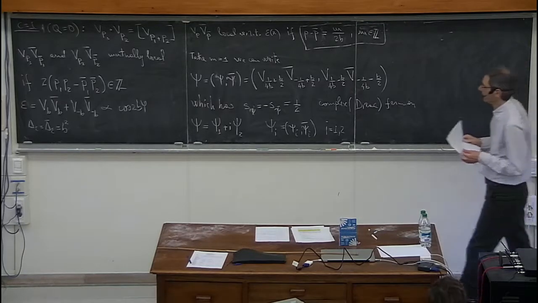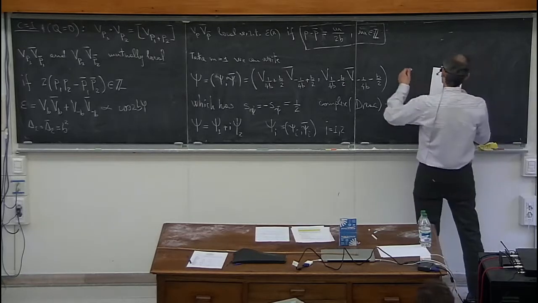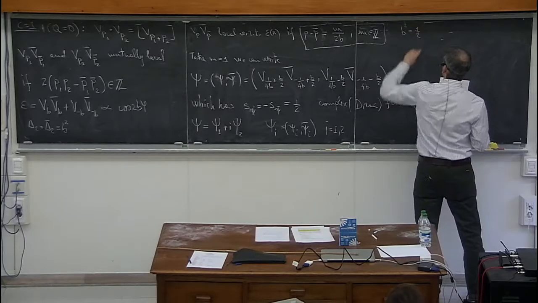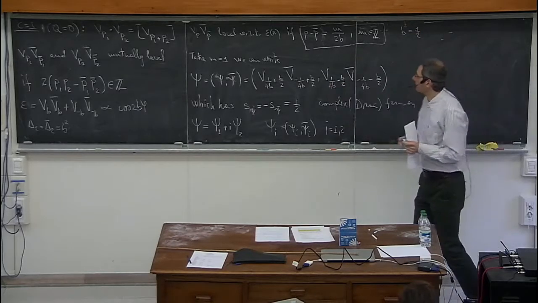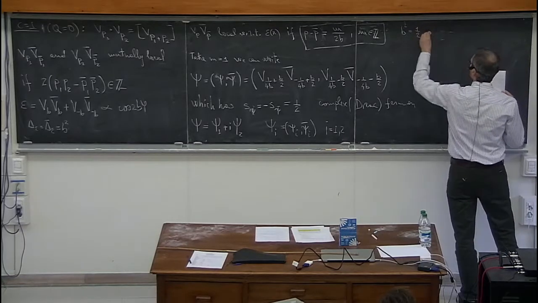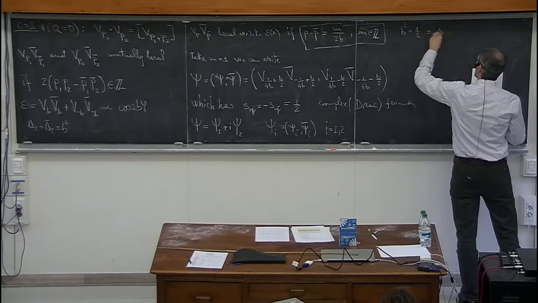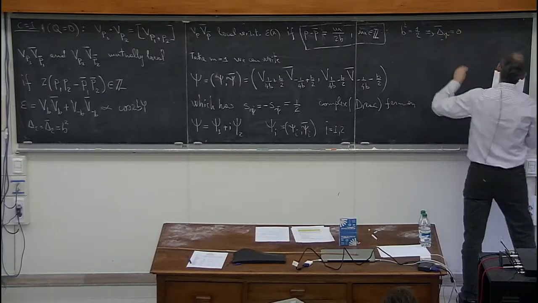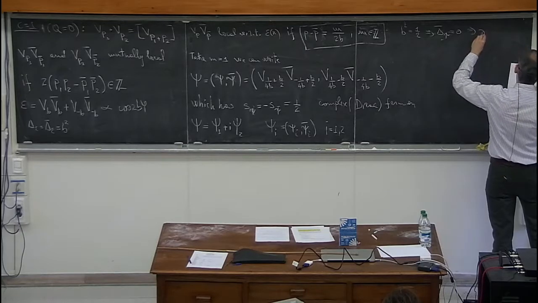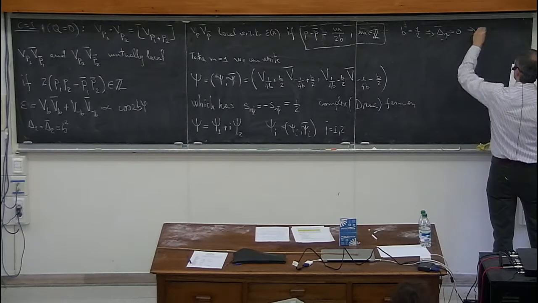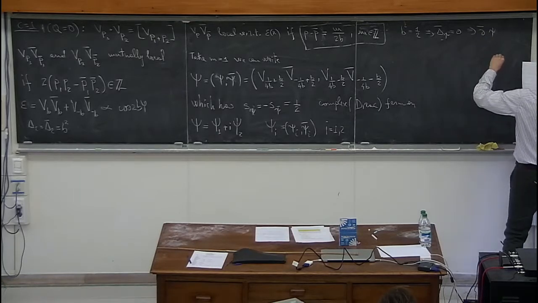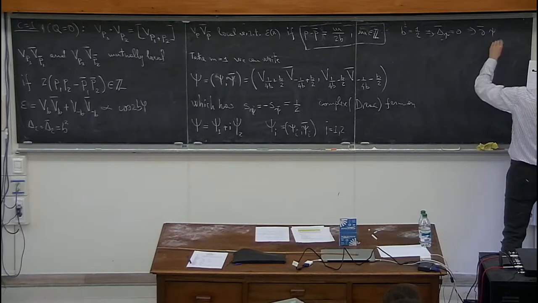Now, one thing you see is that if b square is equal to 1/2, you just put this here, you get that delta bar psi is 0, which means that delta bar of the derivative of psi with respect to z bar is 0.